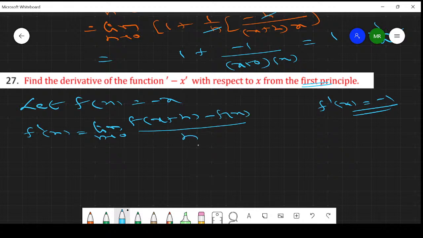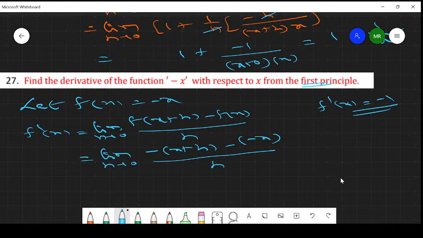Just remember the formula, then you can write limit h tends to 0. f of x plus h means minus, in the place of x, you will get minus of x plus h, minus f of x, which is minus x, by h.